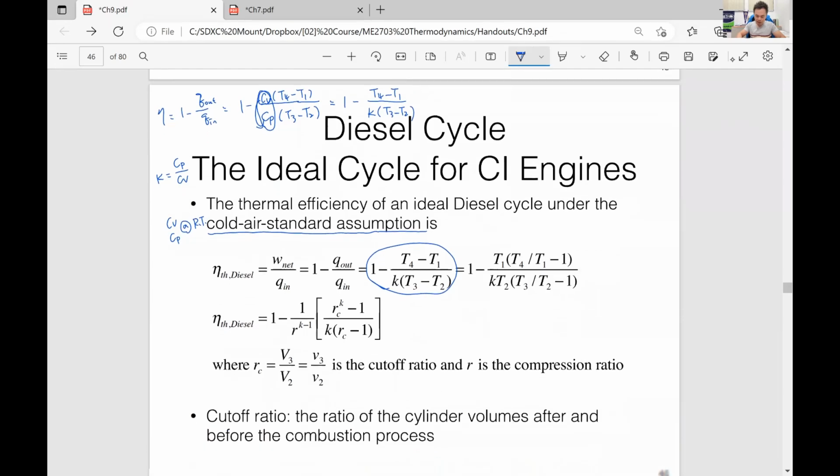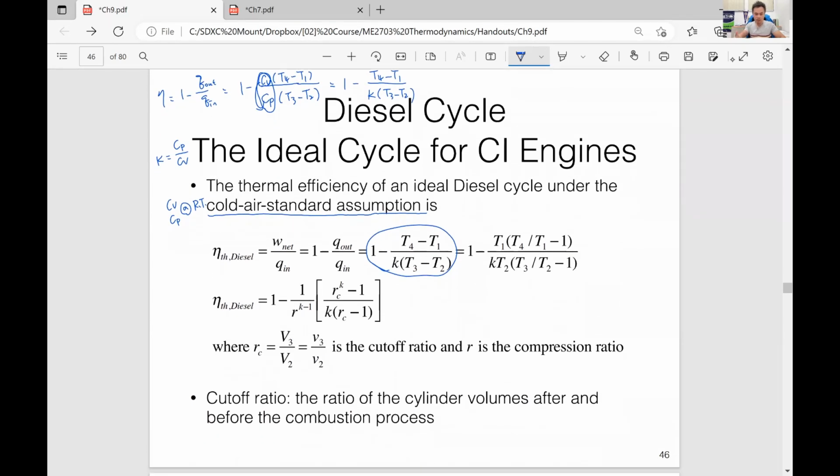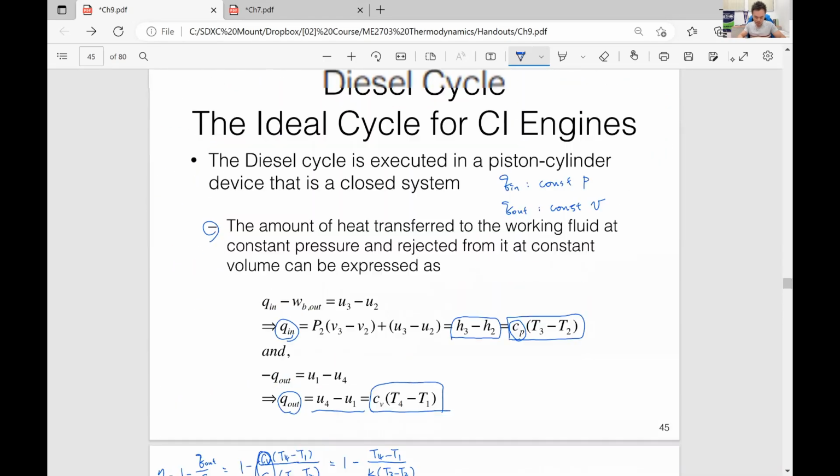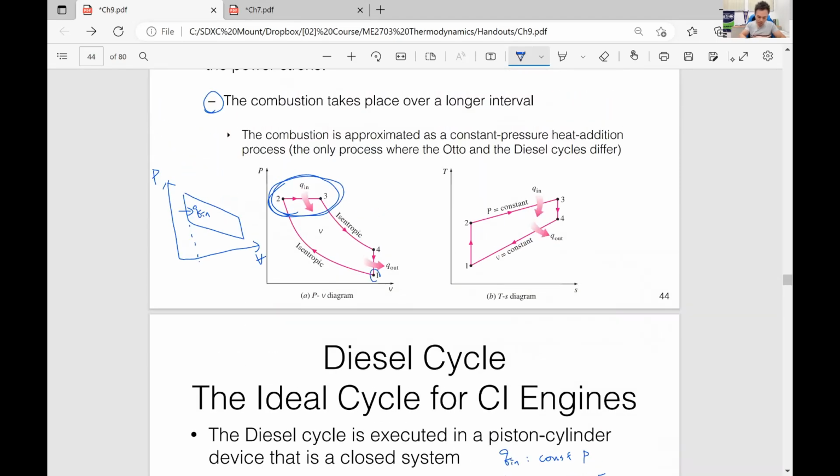Then we purposely do something the same as what we did for an Otto cycle. We move T1 out of this, then T2 here. Basically we just do rearrangement. So again, the process 1 to 2 is isentropic. 3 to 4 is isentropic as well.